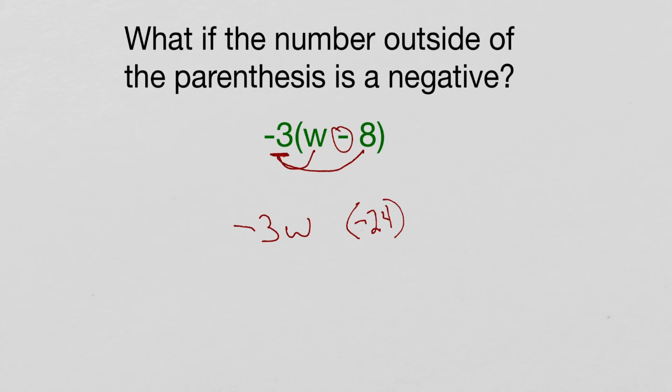I'm going to take that subtraction sign, bring it down. So I have negative 3w minus negative 24. Well, subtracting a negative is the same thing as adding a positive. So again, I'm adjusting that answer in the end when I have a negative.